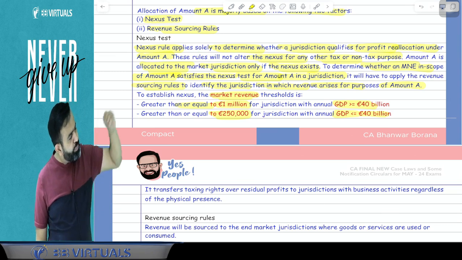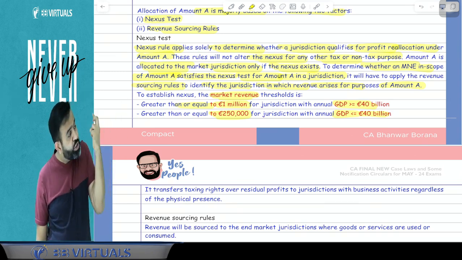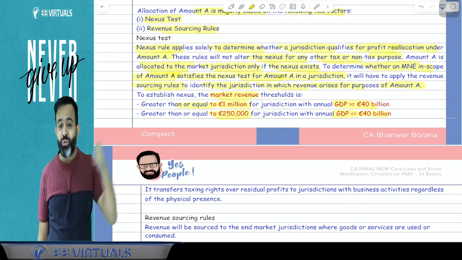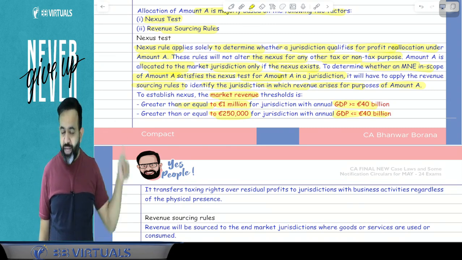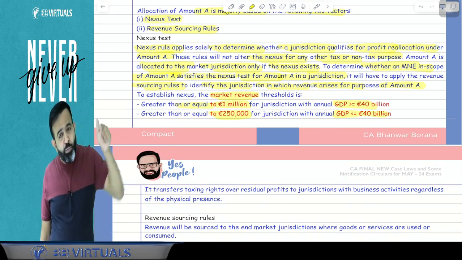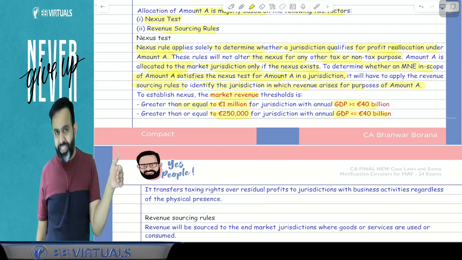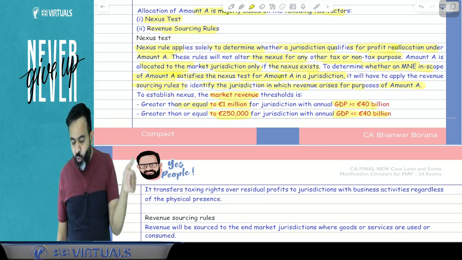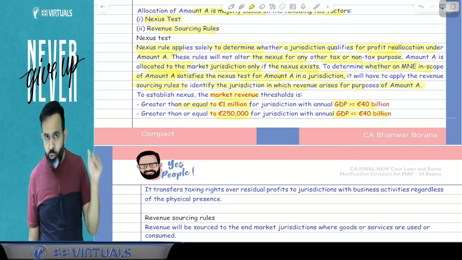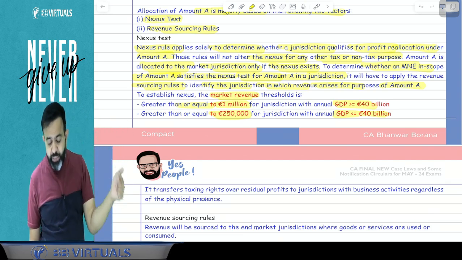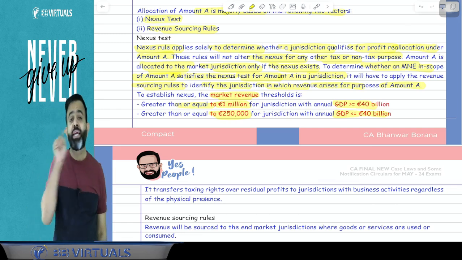And guys, this profit will be allocated to those countries. So which country will qualify for this allocation? So here the condition is satisfied. And what is the condition? Suppose Facebook is getting the revenue from that country, and that revenue is more than 1 million euros, if that country's GDP is more than or equal to 40 billion euros.